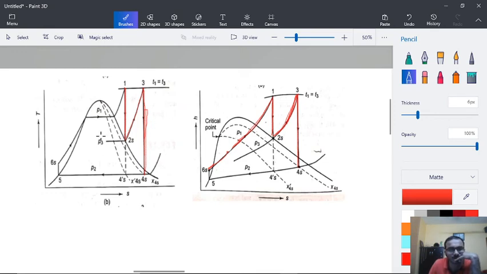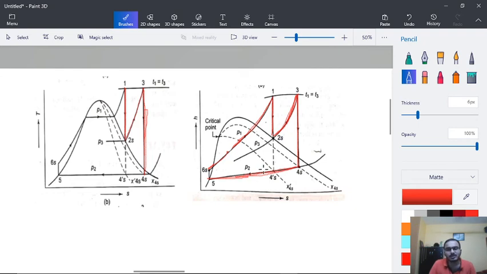Now the way there was a difference in the heat addition process, there is a difference in the heat rejection process. In case of the TS diagram it was purely horizontal because it is an isothermal process. So this is the horizontal curve which we are seeing. In case of the HS diagram, it is this kind of decreasing enthalpy curve, that is with negative slope.